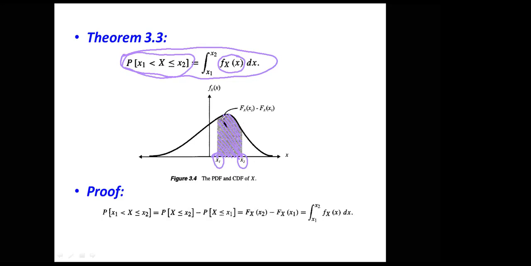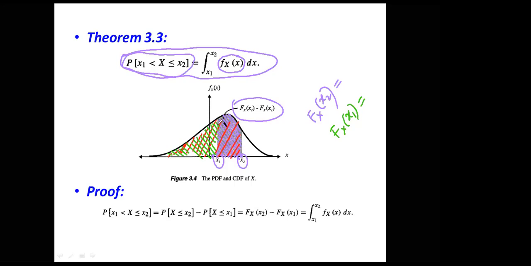Remember one thing, this same area can be found using F_X(x2) minus F_X(x1). What does it mean? The CDF at point x2 means the summation of all the probabilities before point x2. The CDF at x1 is the area before point x1.